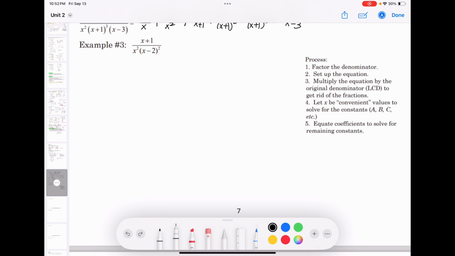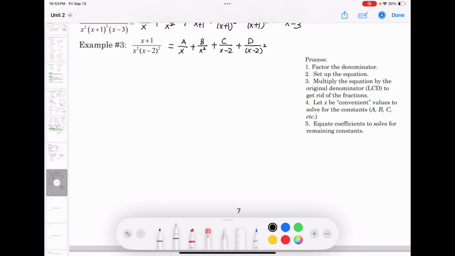I can set up my equation. On the top we say A divided by x. I think the line is too long, let's make a shorter line. So A over x plus B over x squared plus C over x minus 2 plus D divided by x minus 2 squared.